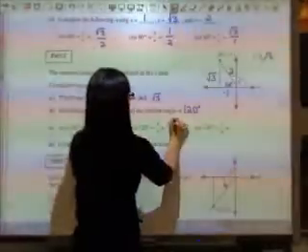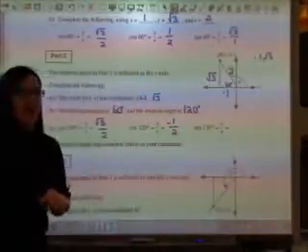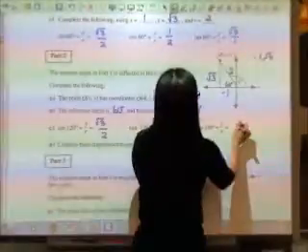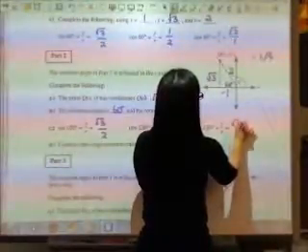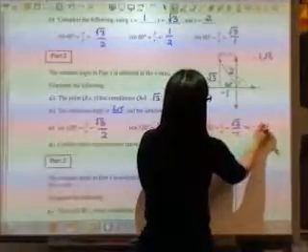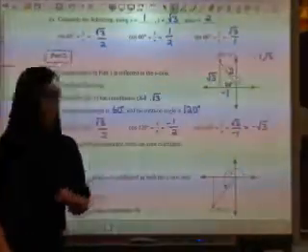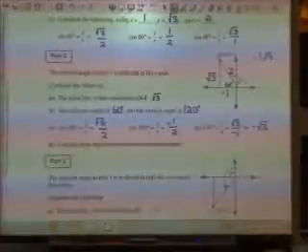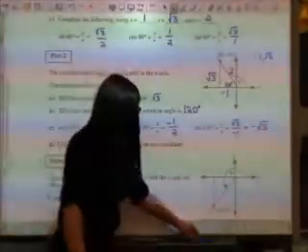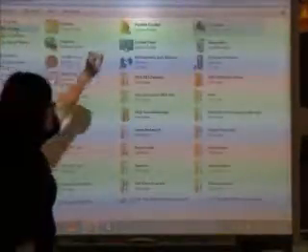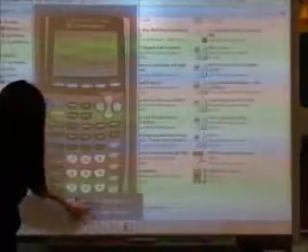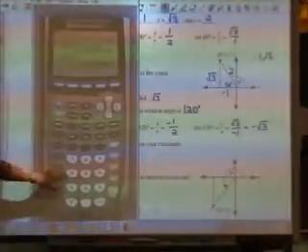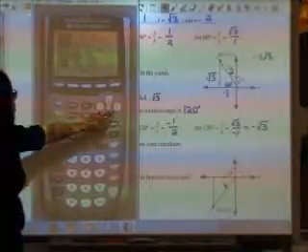Cos would be -1/2, and tan would be √3 over -1, or simply -√3. So if you grab your calculator right now, make sure that we're in degree mode.